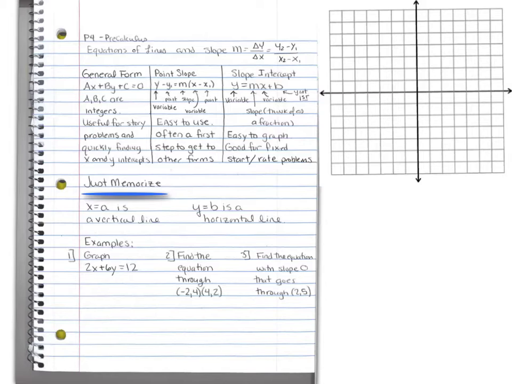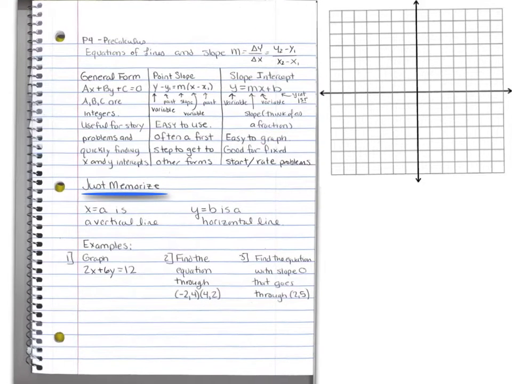The graph in this example is easiest to graph if you find the x and y intercepts. To find the x-intercept, you're going to make y equals 0. Just imagine that you actually make the y value 0. So in the equation that's listed as 2x plus 6y equals 12, get rid of the y. It's 0.